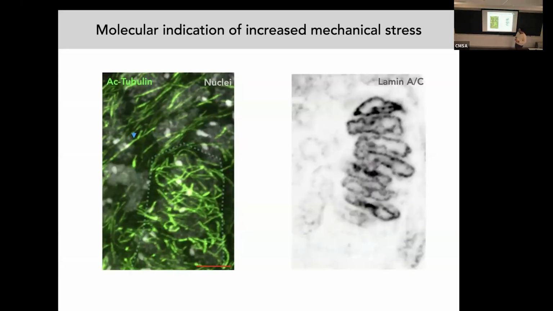So we also found that there are some molecular correlates of increased mechanical stress in these cells. Sorry if you said this, but earlier when you showed the video of the cells moving around and eventually forming the stack, at that point when they start doing that search, is the number of cells that can form a stack already defined, or is that not yet? Not yet defined.